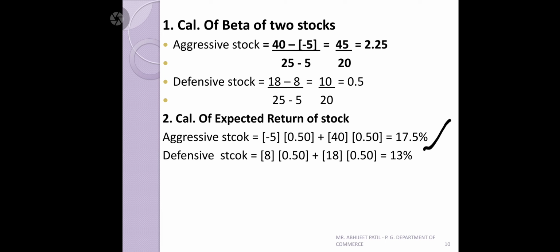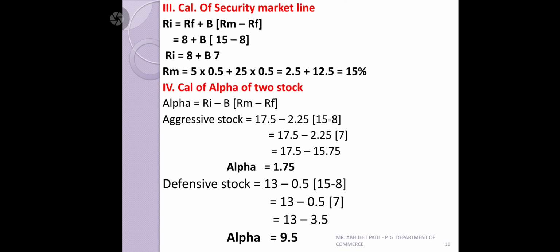Beta is already given as 2.25, and the RF value is already given in the problem, 8%. So you use 17.5 as we calculated, minus the beta of the aggressive stock 2.25, RM value 15 we calculated, and RF value given as 8. So 15 minus 8 is 7, into 2.25 gives 15.75, and 17.5 minus 15.75 gives alpha equal to 1.75.